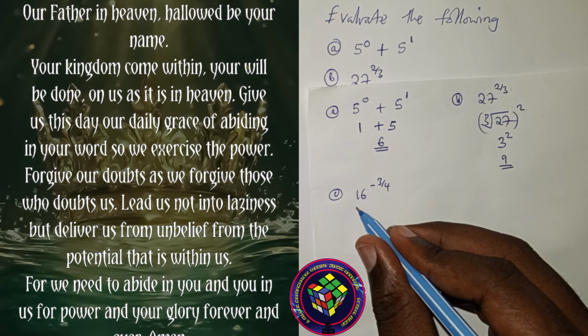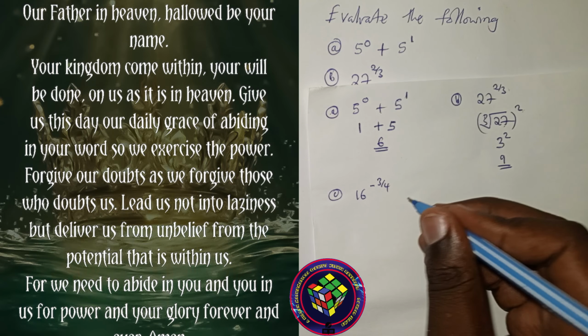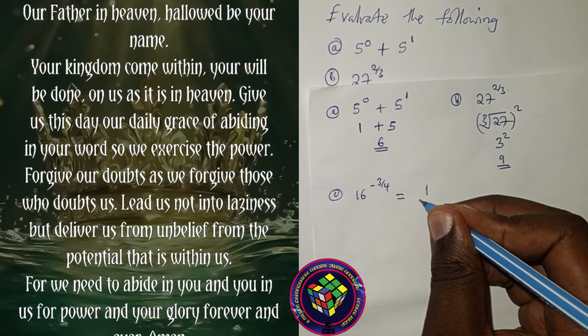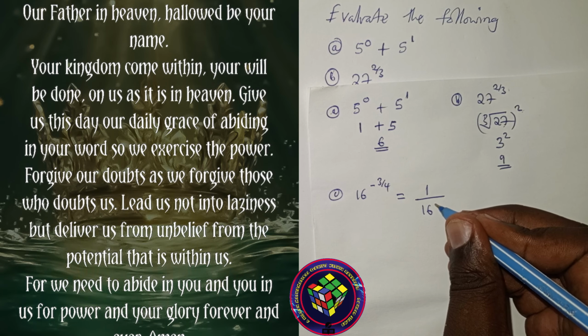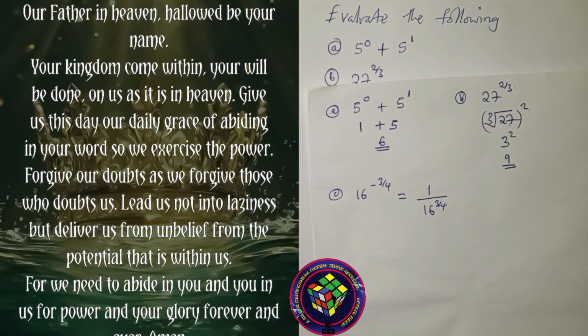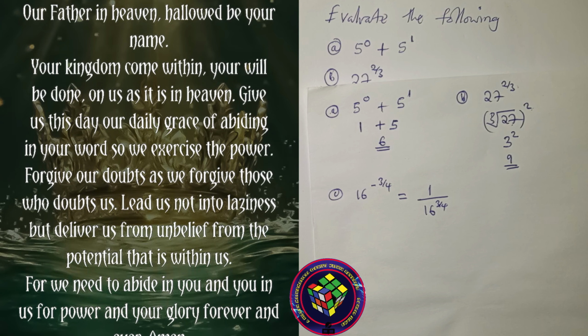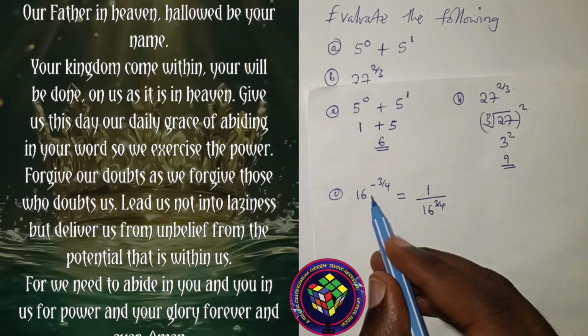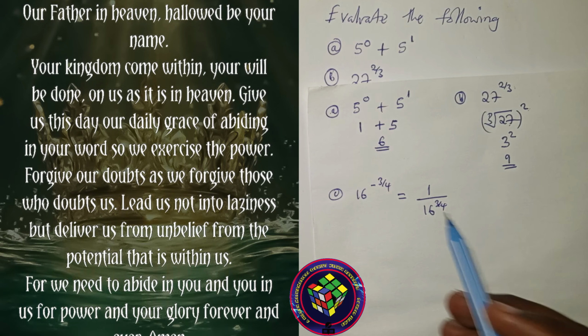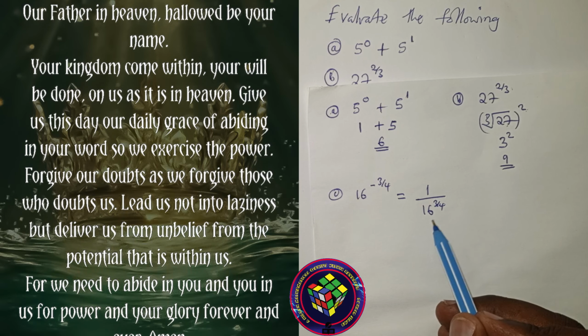So 16 to the power negative 3 over 4 is equal to 1 over 16 to the power 3 over 4. You just introduce a 1, then over the number you have, then you change the power from a negative to a positive power.